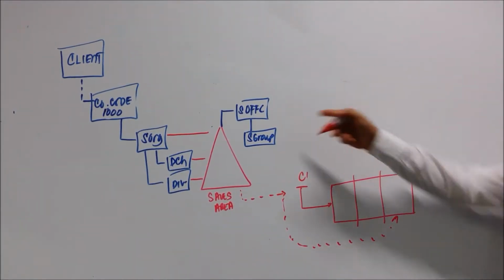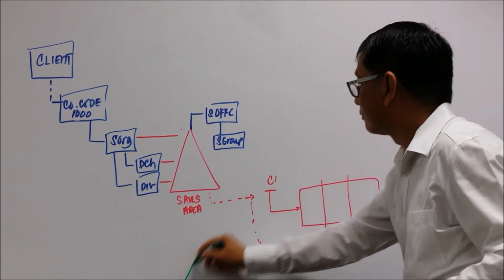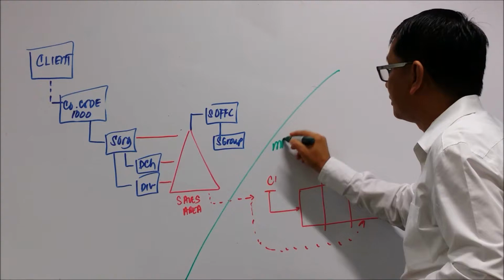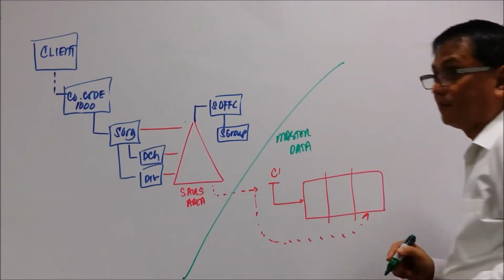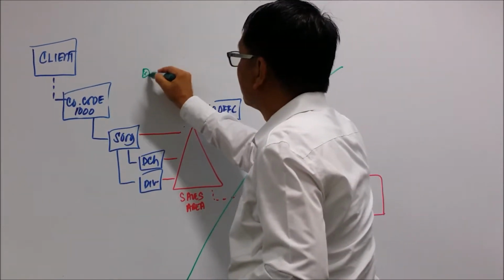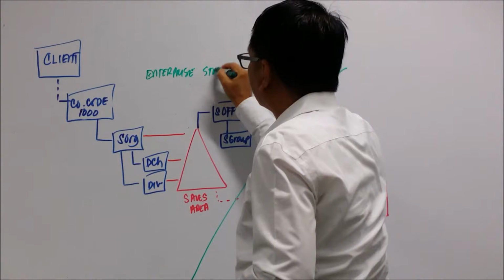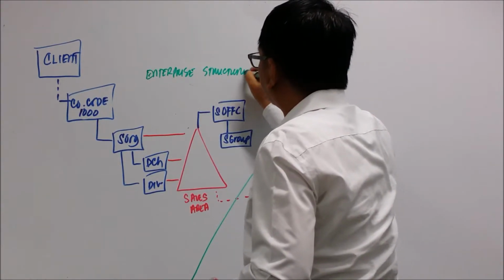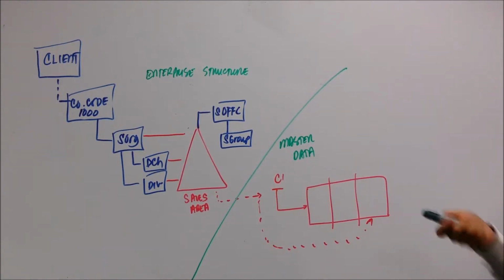So from enterprise structure, we move to master data. So here, this is your enterprise structure. Clear so far? Nothing so confusing, eh?